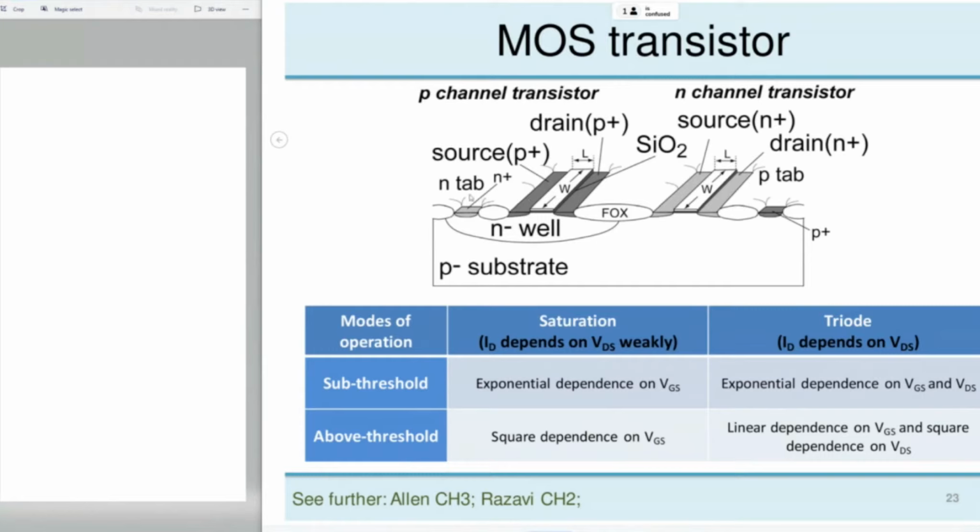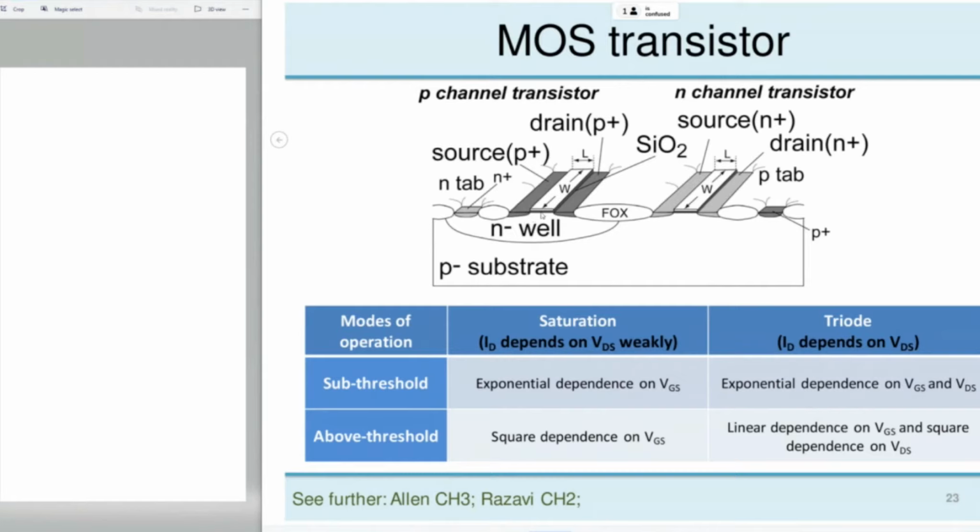So in this case, it's an N-tap, an area with N plus doping, so that we have a good contact, and we'll bias it to the highest possible potential. Because here the parasitic diode, the N plus diode, is in the other direction. The areas for the source and the drain are P wells inside the N well.